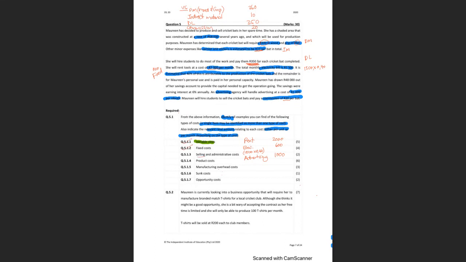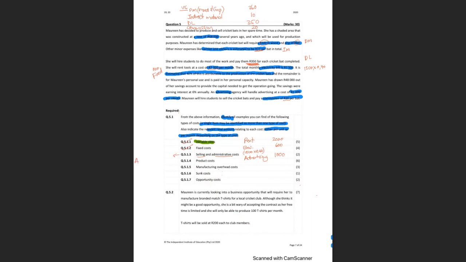Then you have your selling and admin costs. So your selling and admin costs are involved in getting the product to the final customer. So here it would be your commission firstly, because this is involved in getting the product to the customer, and then also your advertising. So here I will do it on the side.